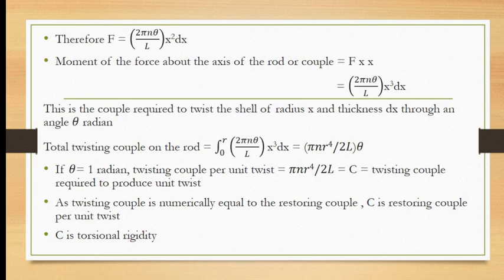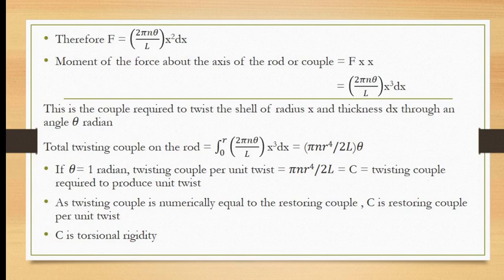Now substitute θ is equal to 1 radian. What does it mean? It is the twisting couple per unit twist. θ equal to 1 means it is the twisting couple per unit twist. You just substitute θ as 1, or you can take θ to the left hand side.